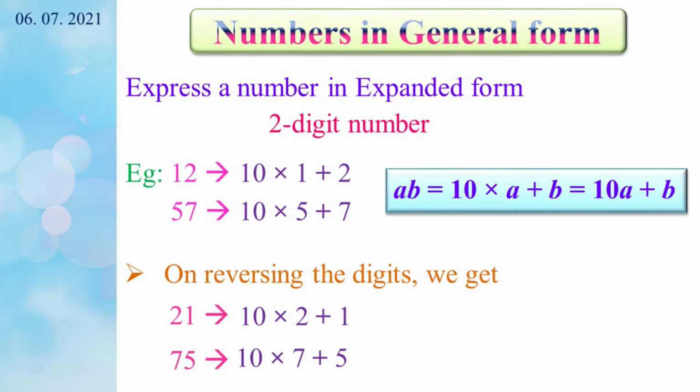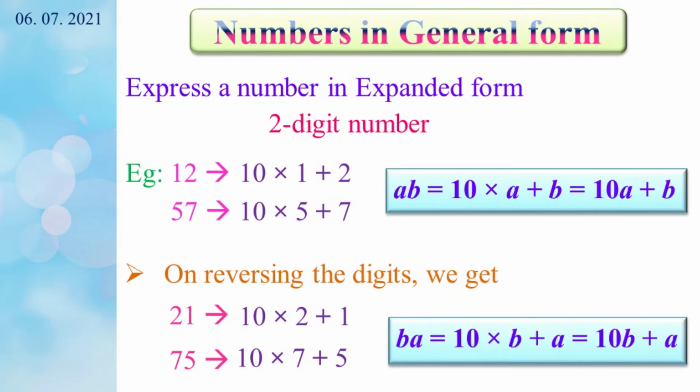In general, on reversing the order of digits of AB, we get the new 2-digit number BA equals 10 into B plus A, equals 10B plus A. Students, listen: here AB does not mean A into B. Okay.